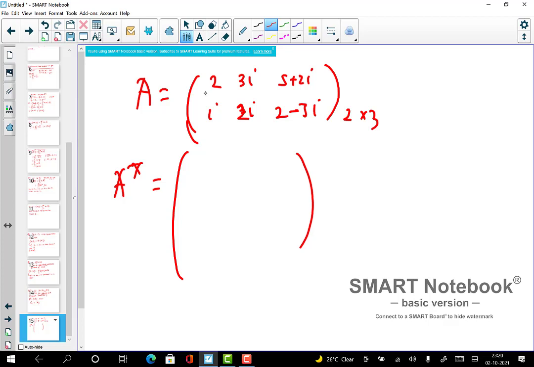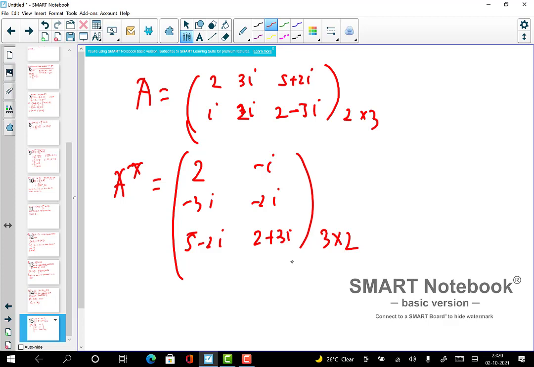The conjugate of 2 is 2, so 2 comes here. The conjugate of 3i is minus 3i. The conjugate of 5 plus 2i is 5 minus 2i. Similarly, the conjugate of i is minus i, the conjugate of 2i is minus 2i, and this is 2 plus 3i. This is nothing but a 3 cross 2 matrix.